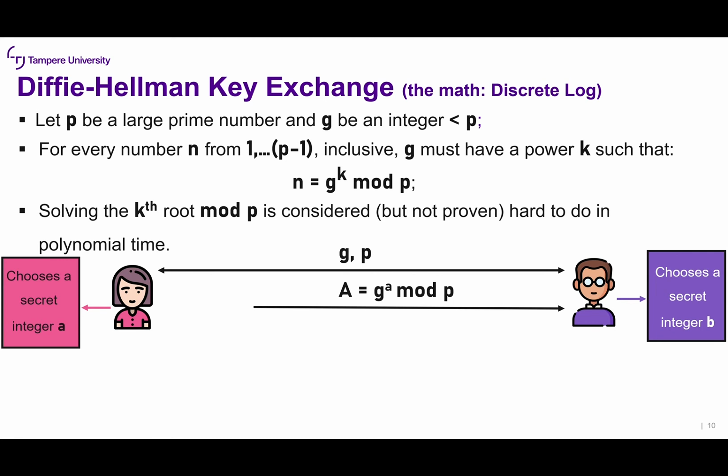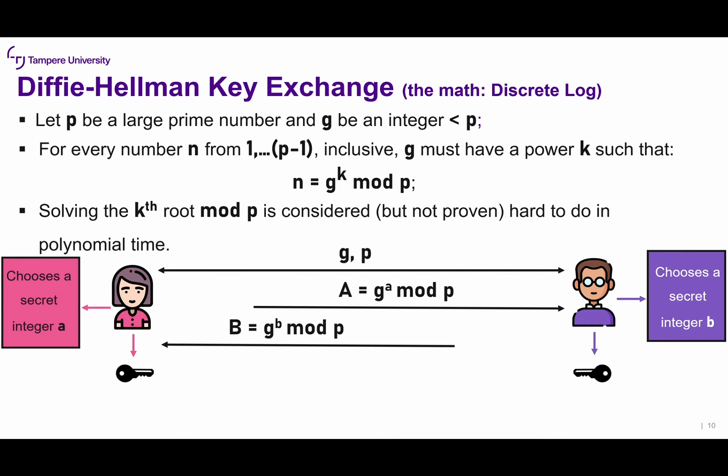Bob will do exactly the same, but instead of using Alice's private value, he will use his own private value. So he will calculate capital B, which is equal to G to the power of B mod P. Now, here is the trick that they will do. They both need to somehow calculate the same shared secret key K, right?